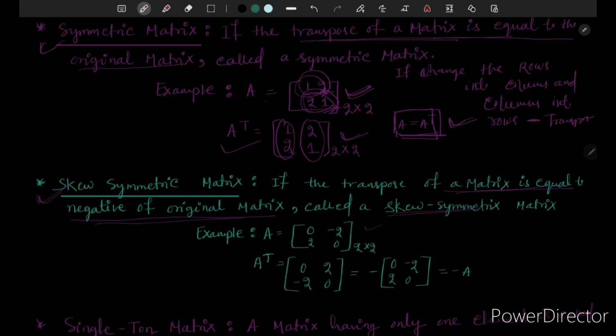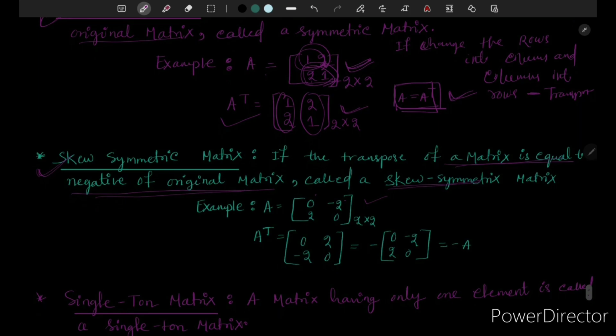That means we have A here, that is 0 -2 2 0. If we transpose the matrix to A transpose, we have to change the rows into columns and columns into rows. Here the rows are 0 -2, so we write it as a column, 0 -2, and the row 2 0 we write as a column, 2 0.